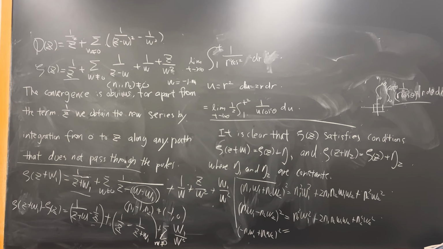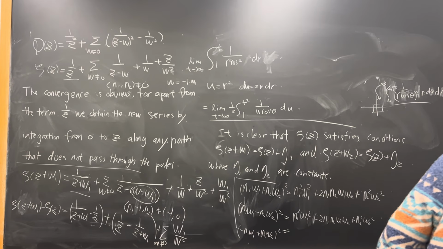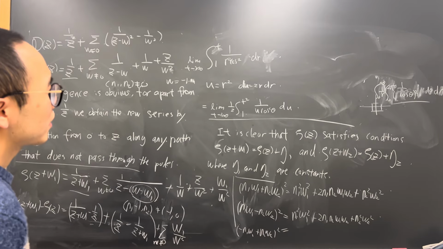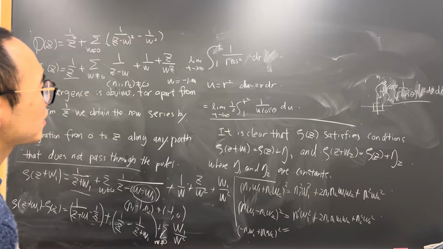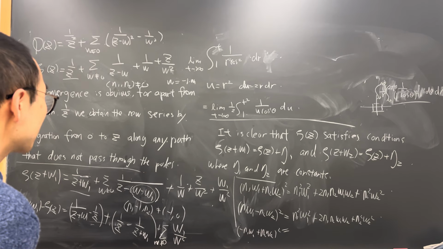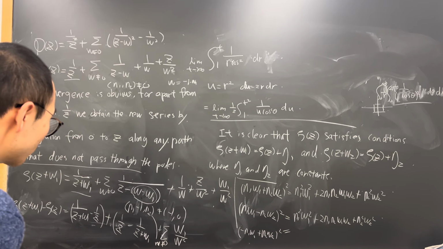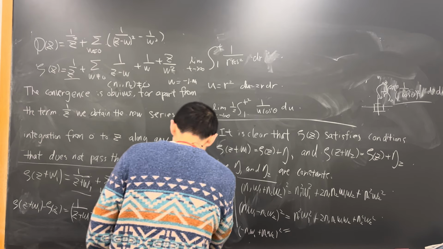You still have to integrate 1 over r, right? Because you still have to integrate 1 over r of some constant number, which falls apart. Ah, okay. Okay, let me get back to this next time.